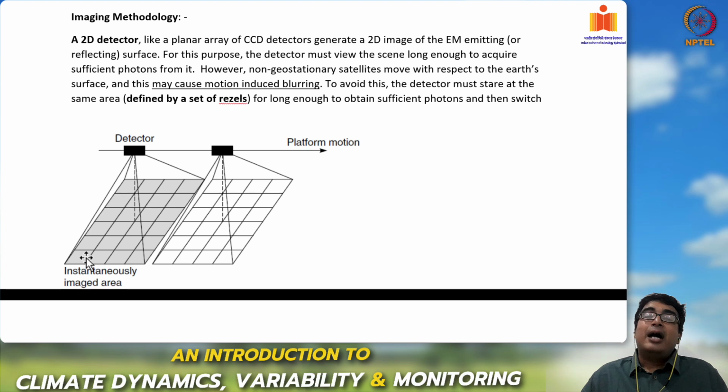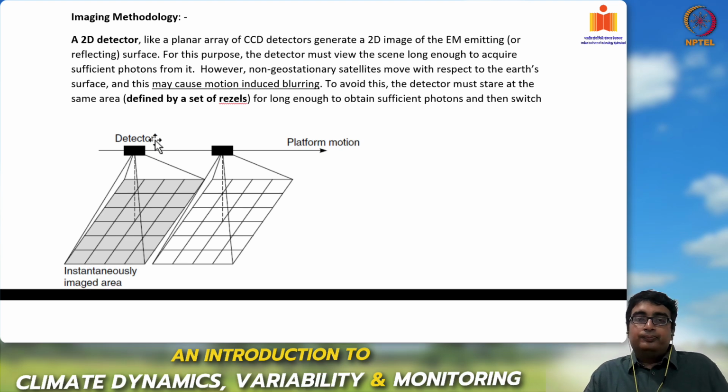Alright. And these squares, which are mapping onto a single light sensitive element, which may be a CCD MOS or a photodiode, are called a raster. A raster is the area of the surface that is detected by a single light sensitive detector within that detector array in the satellite. Okay.